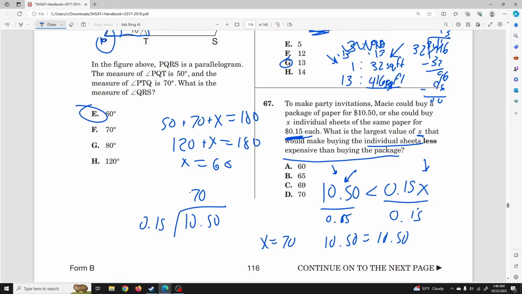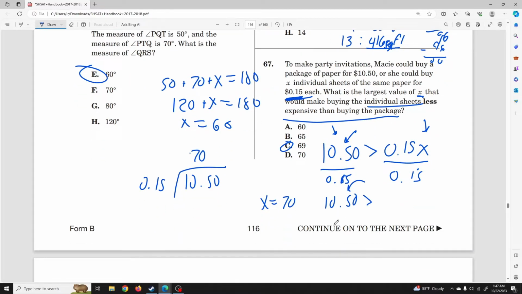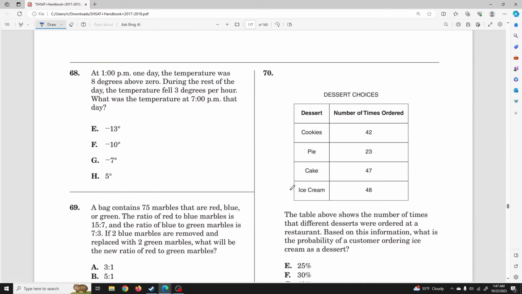That's just going to waste time. So if at 70 sheets they're equal to one another, that means that at 69 sheets, this is still, whoa, I wrote this sign incorrectly. I'm so sorry. That means that this is actually still greater than it, right? 69 is going to be the greatest value you can go to. Like I said, we're going to find the value that makes it equal to each other, and we're just going to find 1 less of that, or subtract 1.